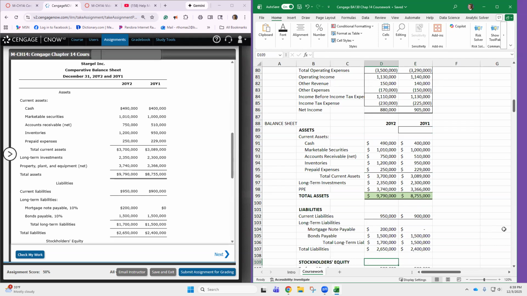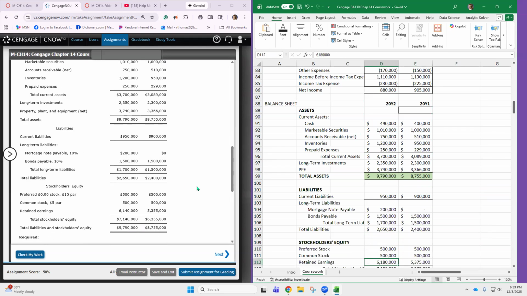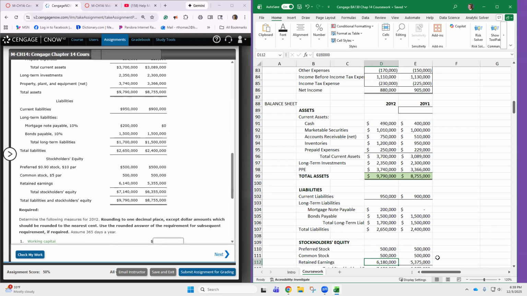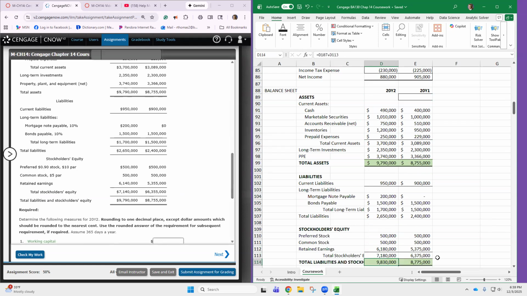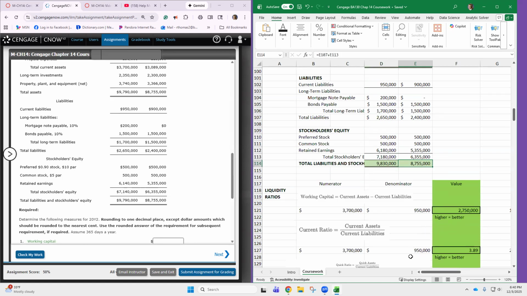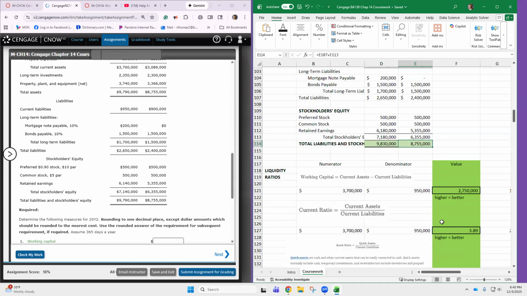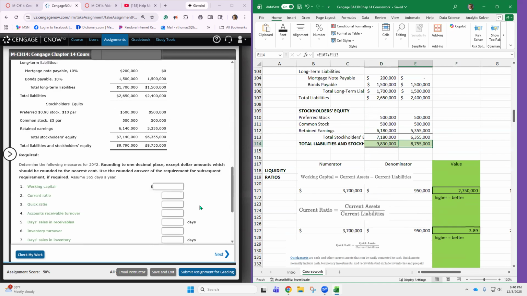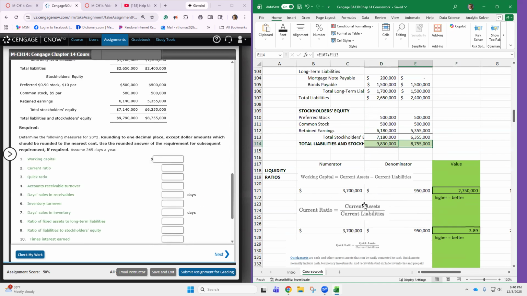Okay, those are good. Okay, stockholders equity. So this is a lot of information, but you would get it from those financial statements. And okay, I see a difference here. Okay, that's good. So here we go. Here's what I've done. I've put the formula right here for what you're going to need. Then you're going to have to go up and find the amount and maybe have to calculate a little bit.